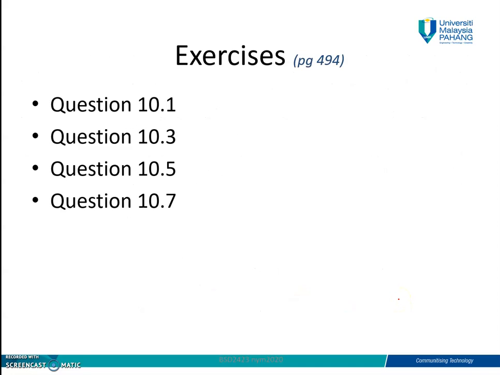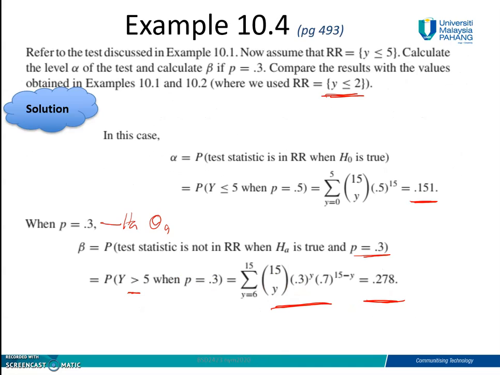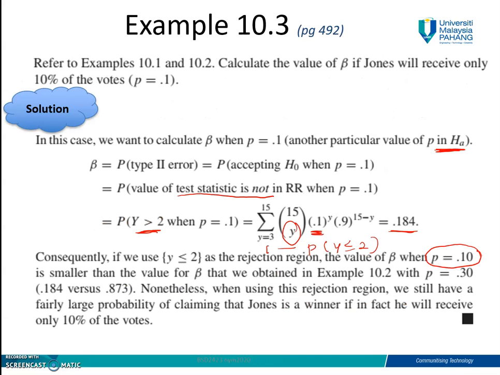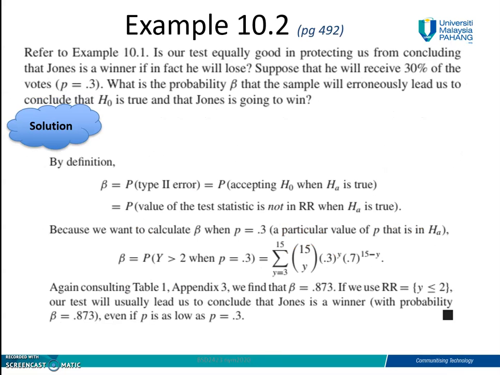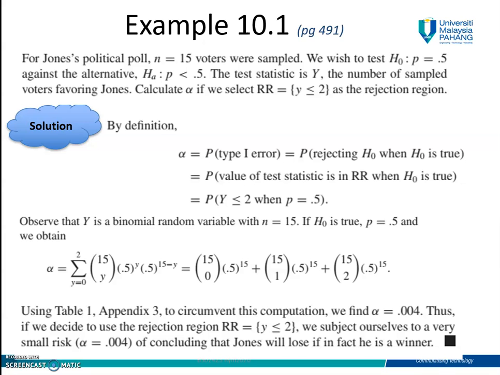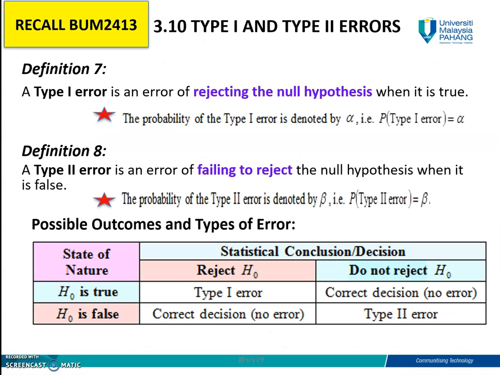So I think that's all for type 1 error and type 2 error. You can try exercise questions 10.1 until 10.7. If you have any difficulty understanding, or if you do the questions and want to check, you can ask me. So basically in subtopic 6.2, you learn how to calculate type 1 error and type 2 error.